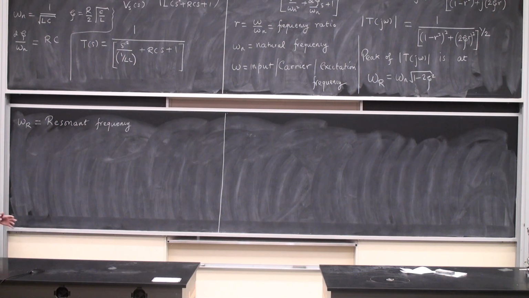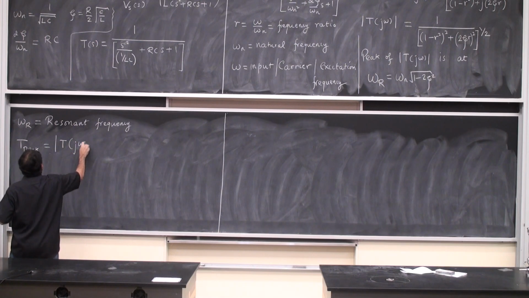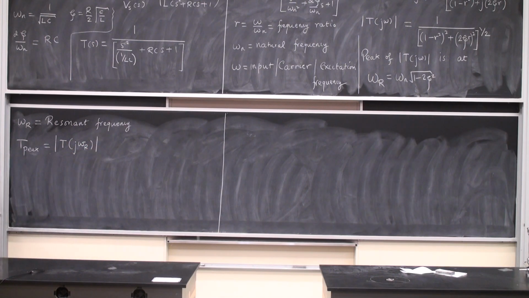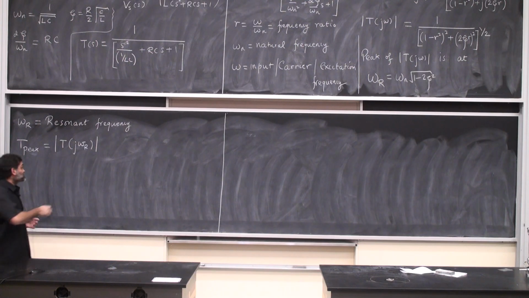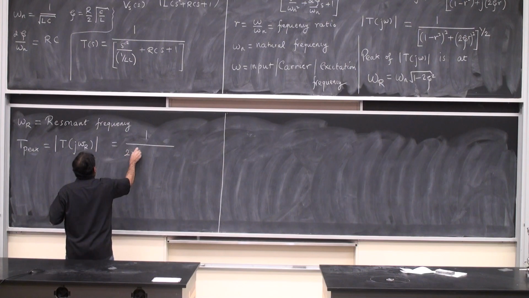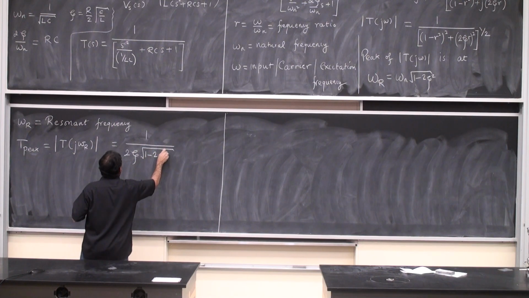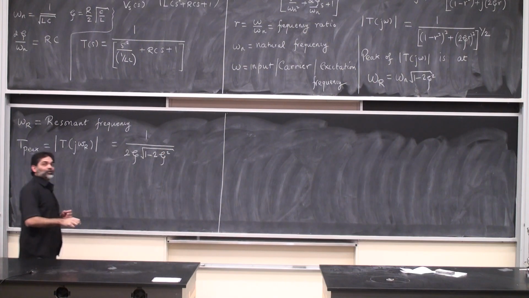Alright, and then the peak value itself at omega is equal to omega r. The peak, which is the magnitude at omega is equal to omega r. We simplified this and got the expression 1 by 2 zeta square root 1 minus 2 zeta square.